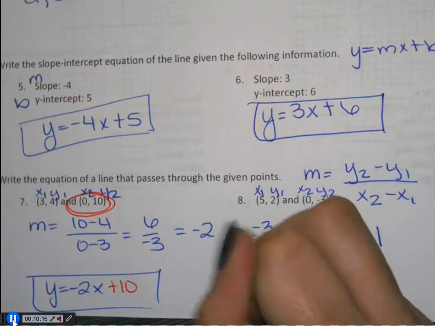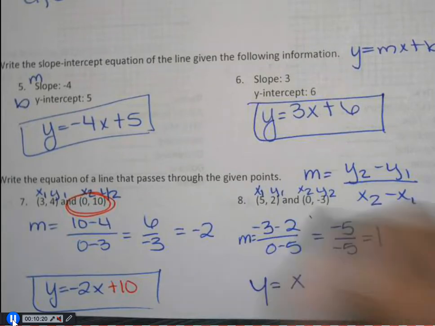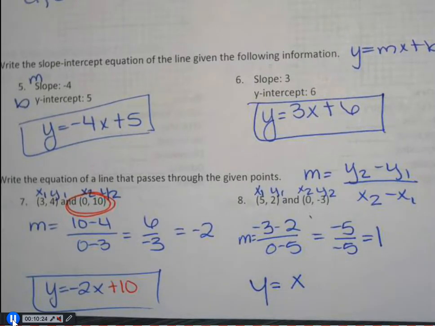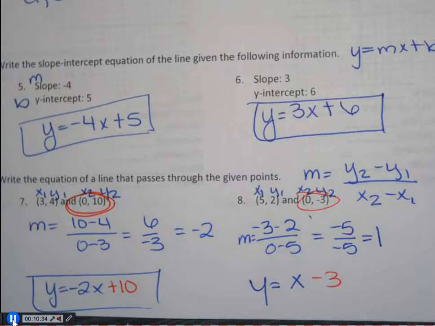So when I write my y equals mx plus b, I'm not writing the 1. I'm just writing x. No number in front means the same thing as 1. The computer probably will count you wrong if you put the 1. So my number at the end here is negative 3. Questions on number 8?